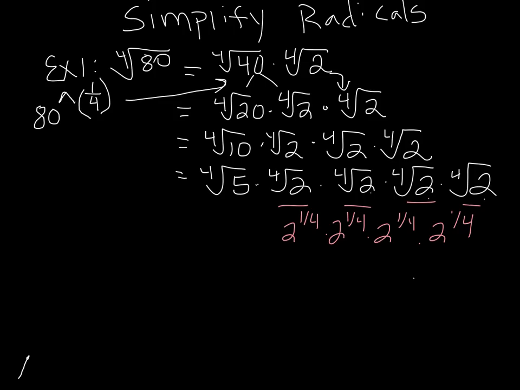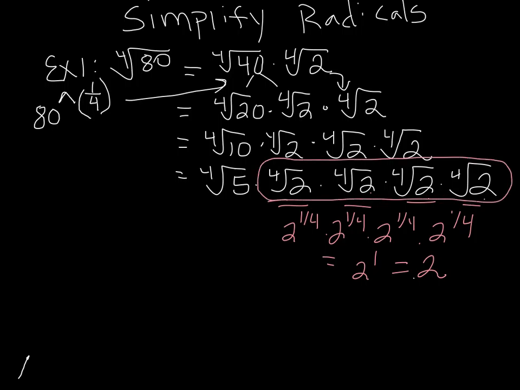And what do we do with our exponents when we multiply? Well, you add them, right? So 1/4 plus 1/4 plus 1/4 plus 1/4. Okay, that's going to give you 2 to the 1, which we know is just 2. So that's what all of this here simplifies to.